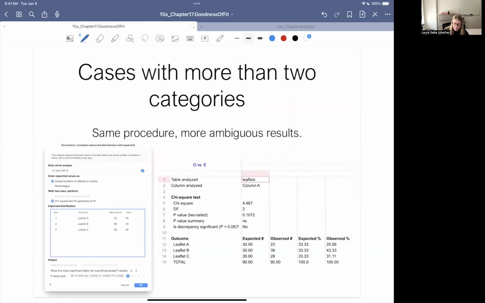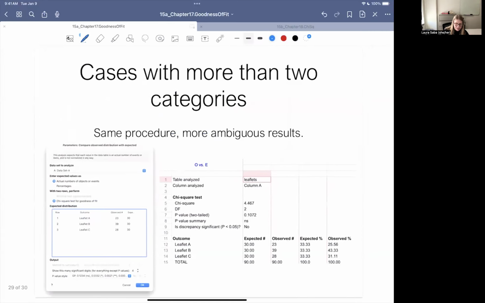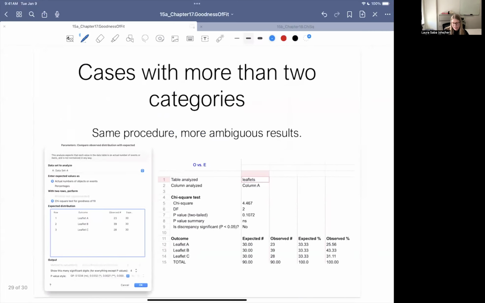We can do a similar goodness of fit test when it's more than just yes, no, Allegro, Andante. If there are 3 levels, we can do the same thing. We're still going to get what we consider an omnibus p-value.